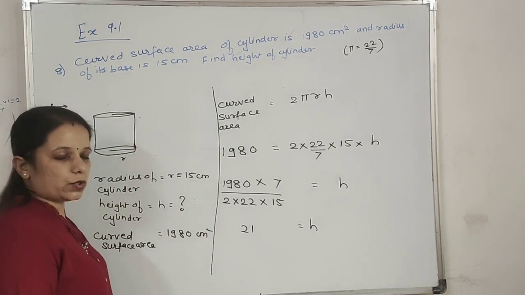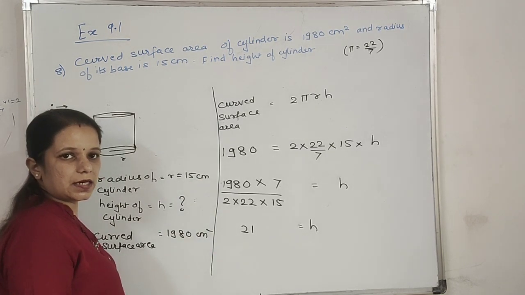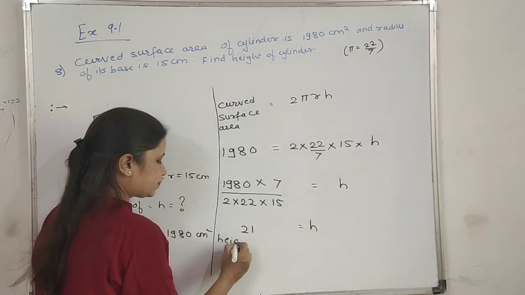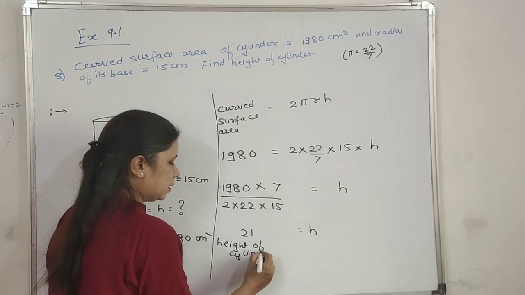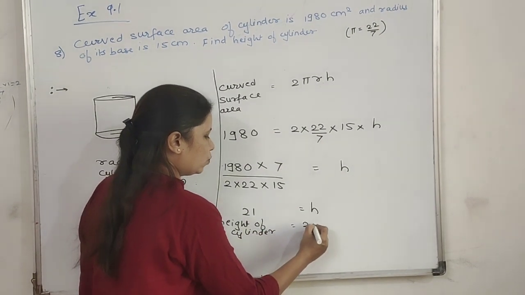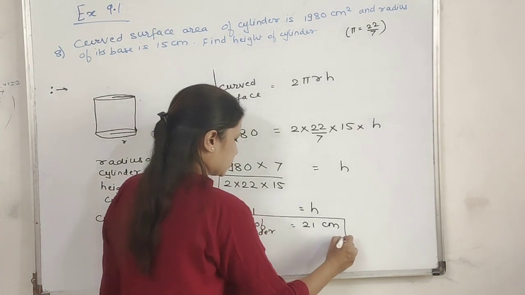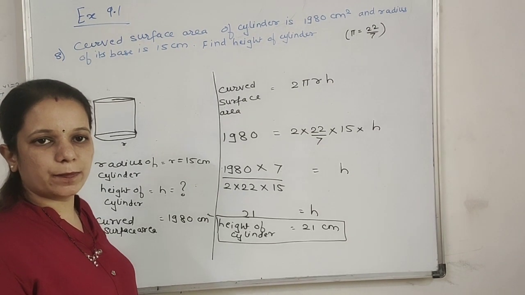Now what 21? 21 centimeter, because radius is given in centimeter. So here you will say height of cylinder equal to 21 centimeter, and this is your answer. Okay, the calculation part is very simple.